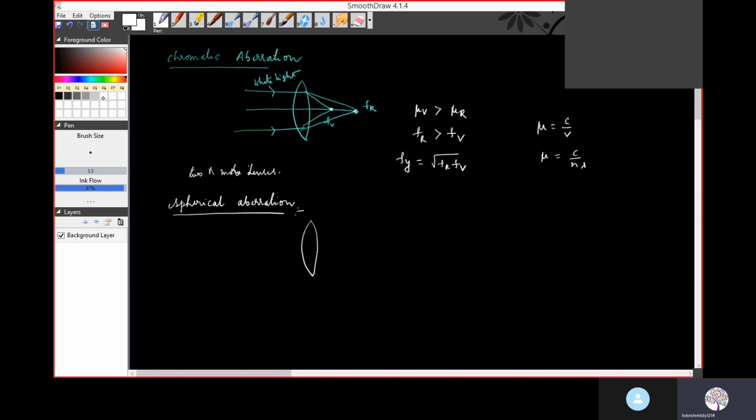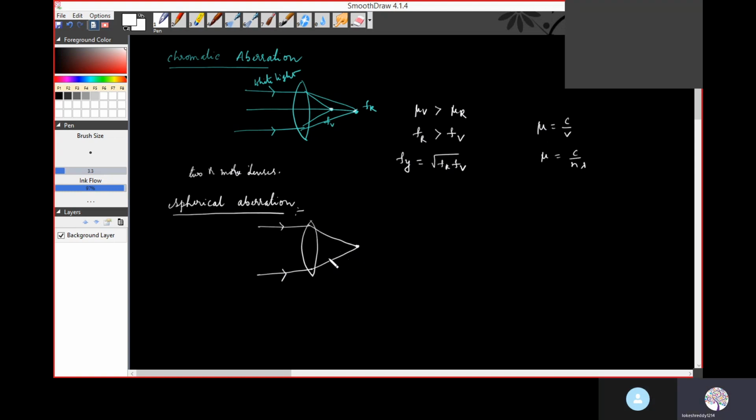Let us take this as the lens. Here, the rays which are far off are called marginal rays, and these marginal rays you will get at one point.